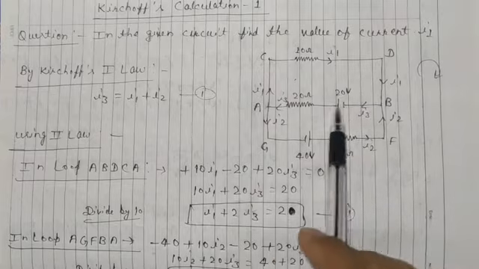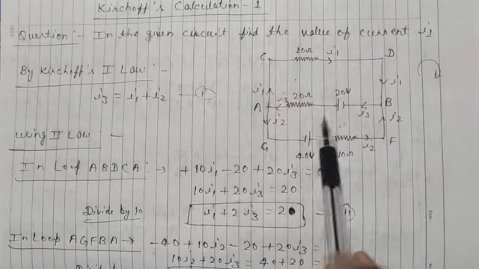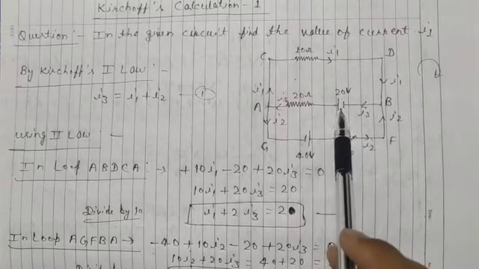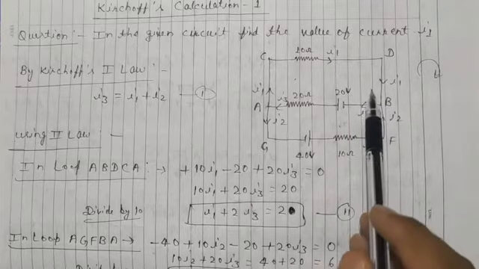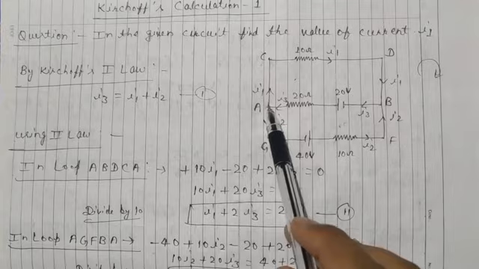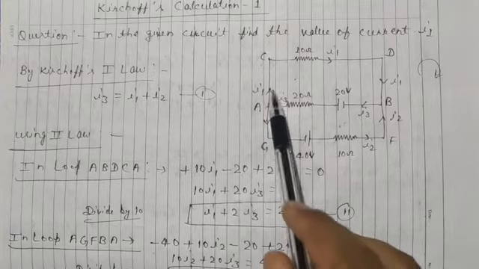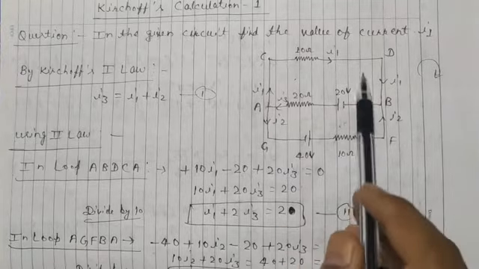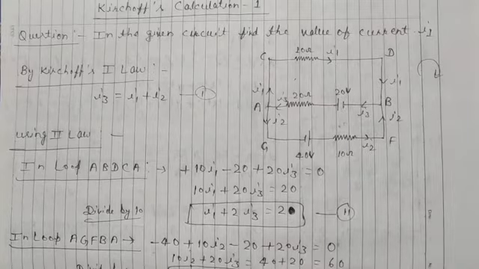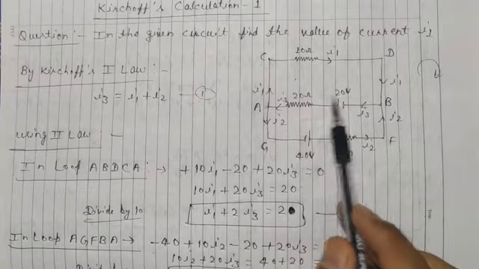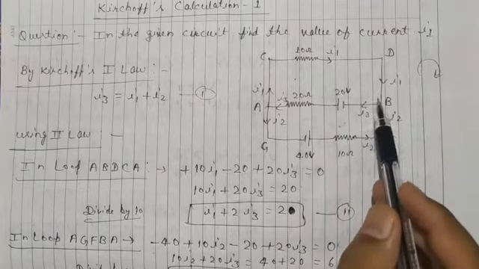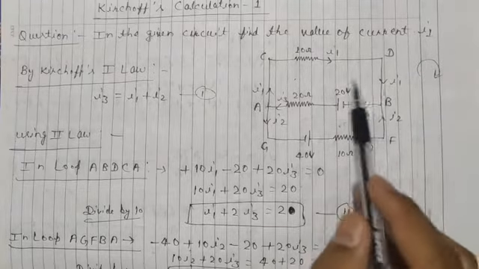Now in this is the cell. In the cell, direction of calculation is this. We take direction of calculation clockwise. According to the rule, direction of calculation is from here to here, because we take clockwise.